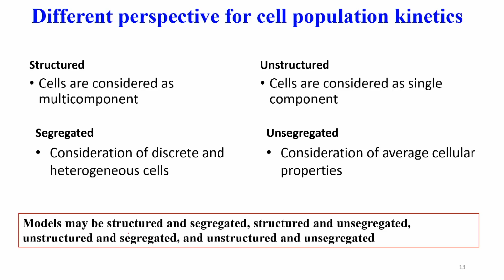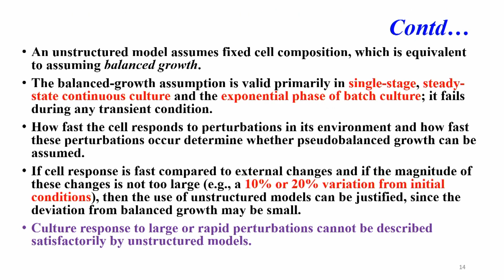Now, when we are going for kinetic models, we may have structured and segregated model, structured and unsegregated model, unstructured segregated models and unstructured and unsegregated models. So, in this way, this microbial growth kinetics can be classified into these four different types of models.